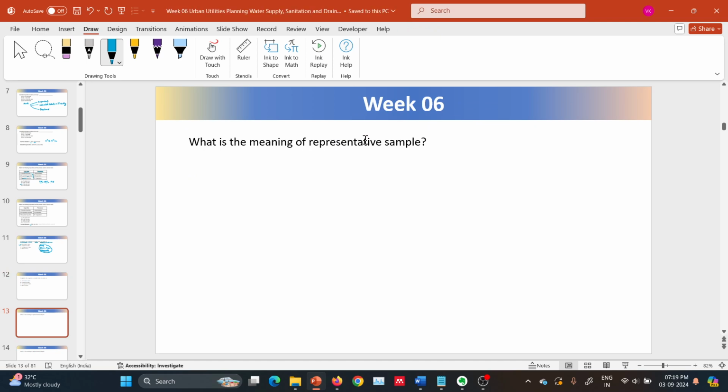What is the meaning of representative sample? If we are checking the quality of water or wastewater, let's take the example of a lake. Here I will give you an example. This is the sewer, let's say. The sewer is polluting a lake.